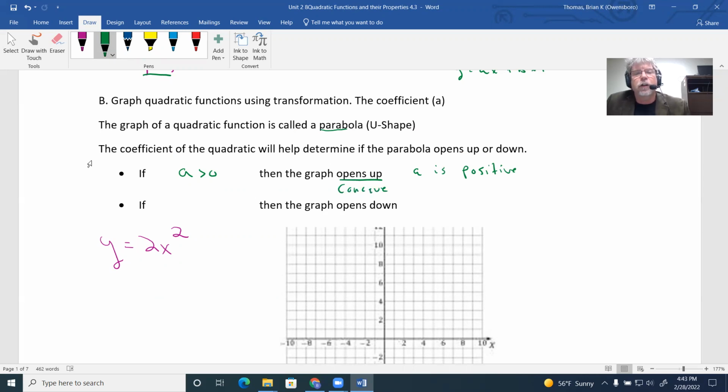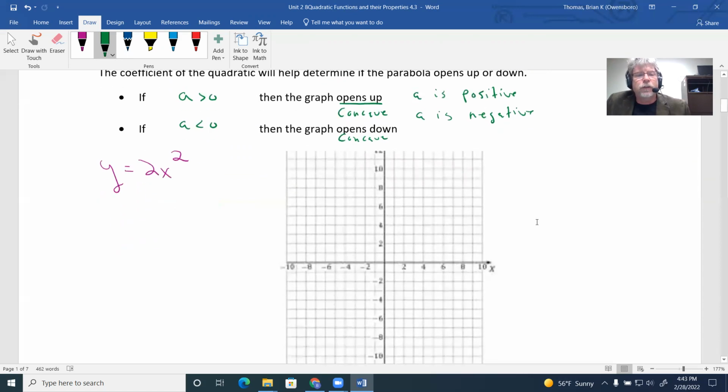So instead of saying curves up, concave up kind of represents a curve. If a is less than 0, in other words, if a is a negative number, then what's going to happen is the graph is actually going to be opening down or concave down. So the U shape is going to be opening in a downward direction.